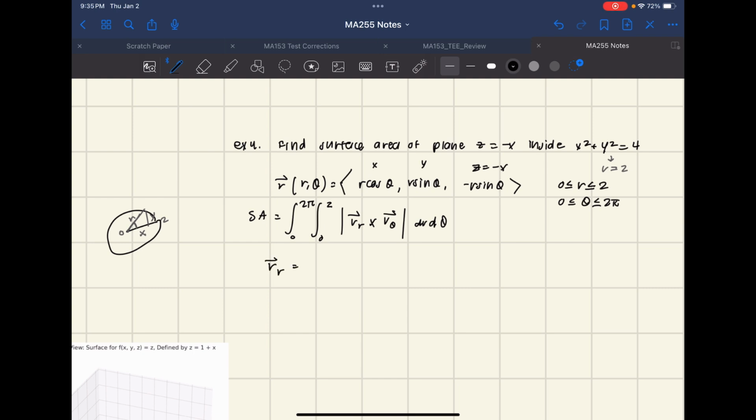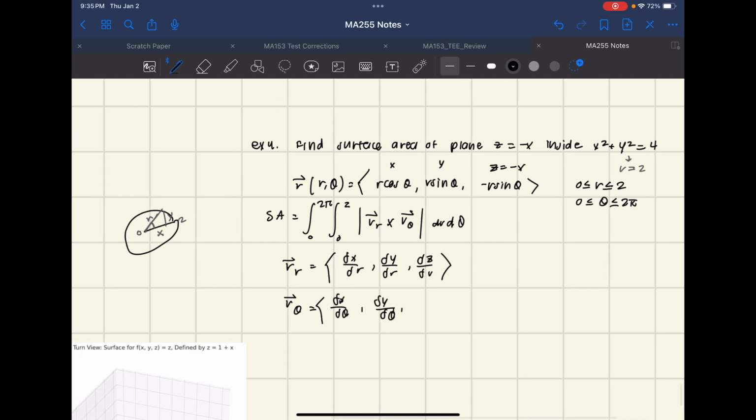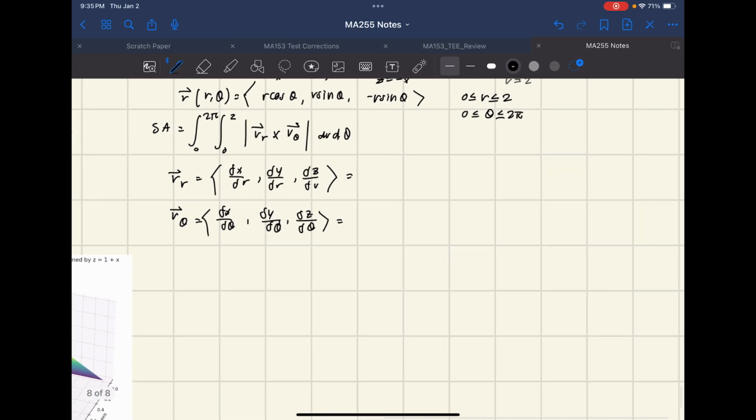So let's go ahead and compute those partial derivatives. Next we're going to cross the two.